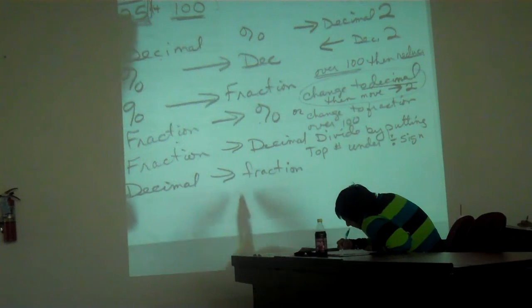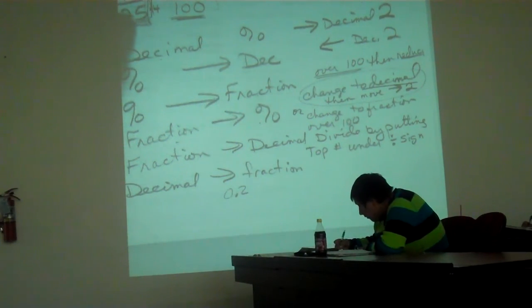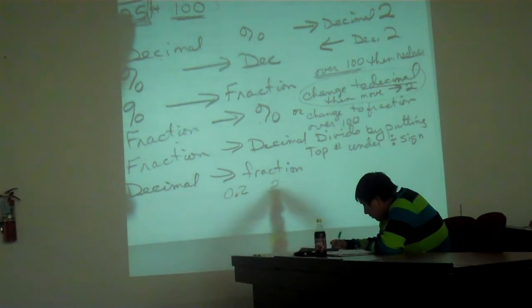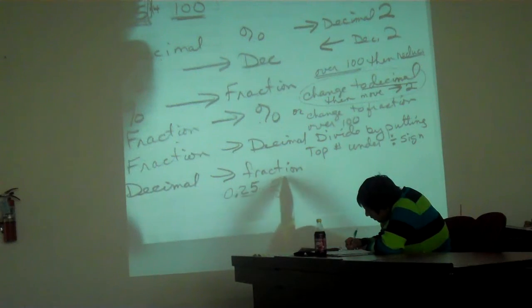Okay. If you had like 0.2, that's 2/10, right? That's the same as 2/10. So put the number over the last place value. Because if it was a 0.25, that would be 25 hundredths.